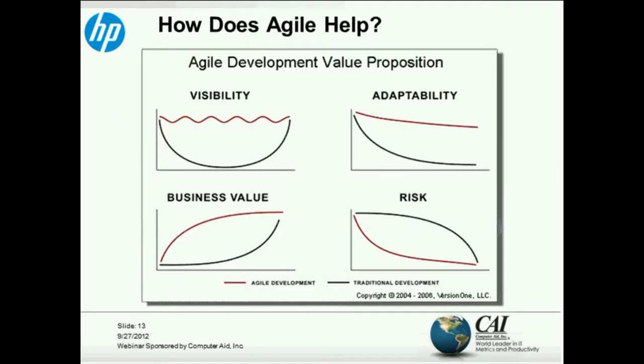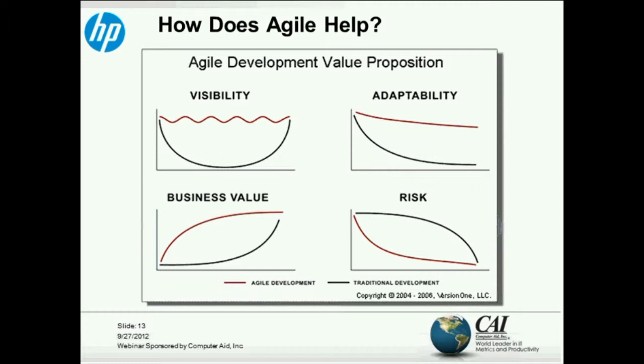So how does Agile help overall? Well, the red lines that you see here are the Agile development concept applicable to each one of these aspects, whereas the black line are the traditional development. And Agile development provides you significantly increased visibility throughout the entire life cycle of development.